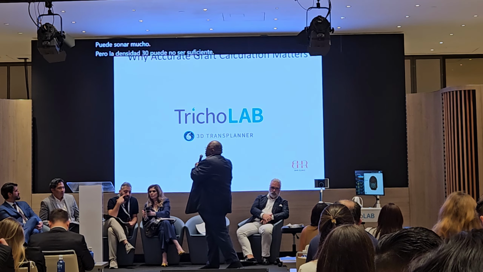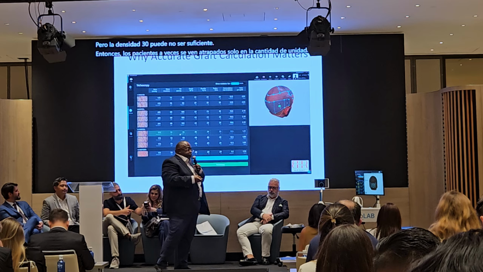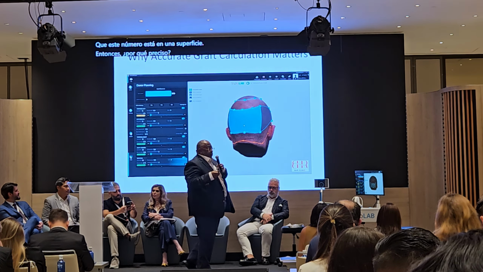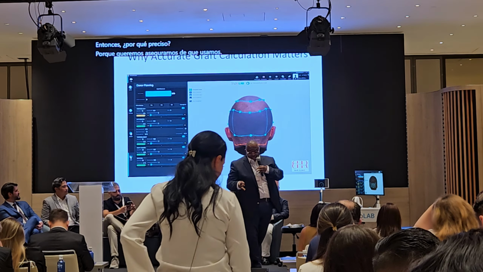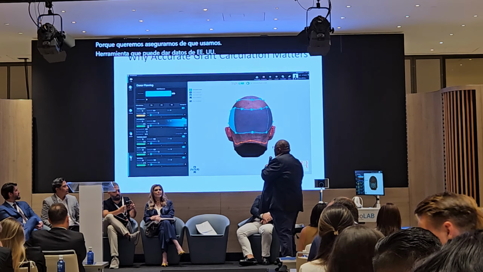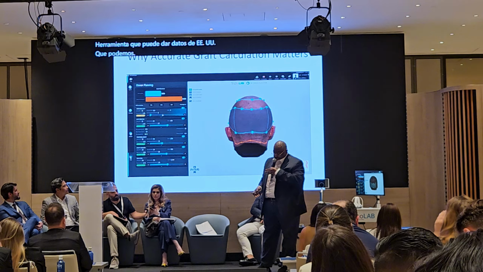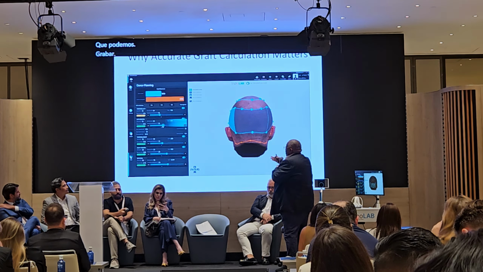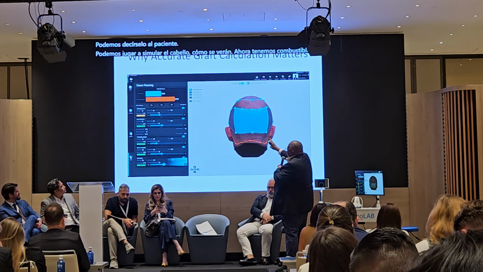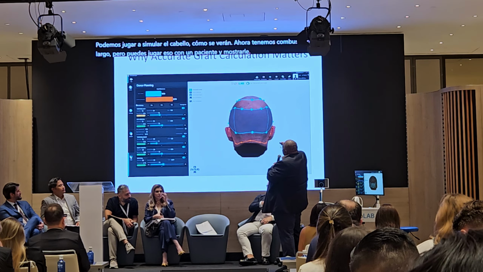So why accurate? Because we want to make sure that we use a tool that can give us data that we can record, we can tell the patient, and we can play a simulation of how their hair is going to look. Now we have longer FUE, but you can play that on a patient and show them, listen, if we decrease this amount of grafts by taking 50%, it can show you how many grafts you can take in that square.